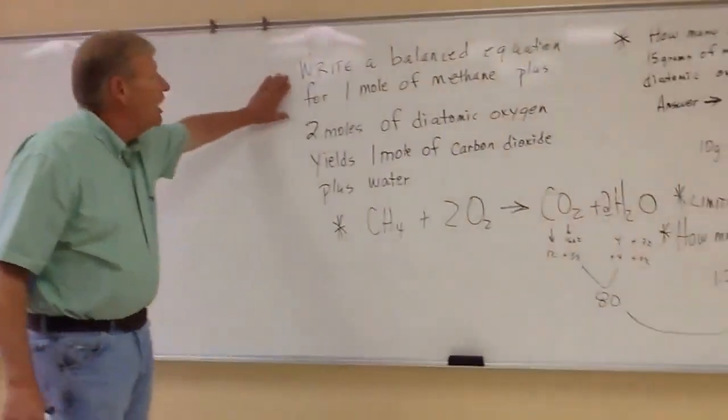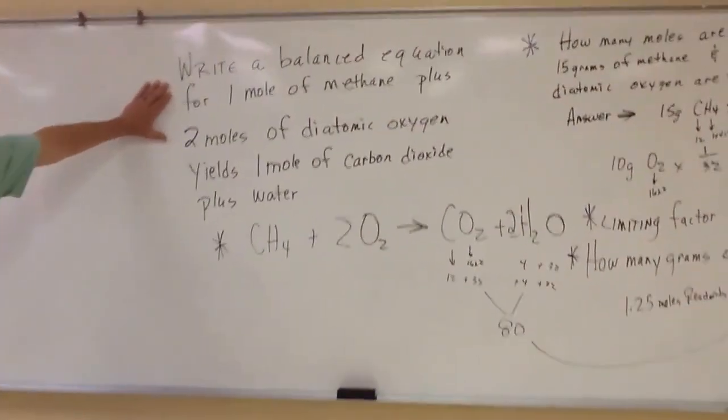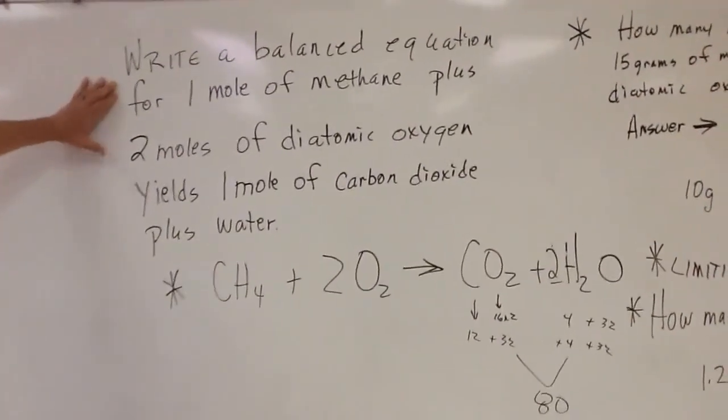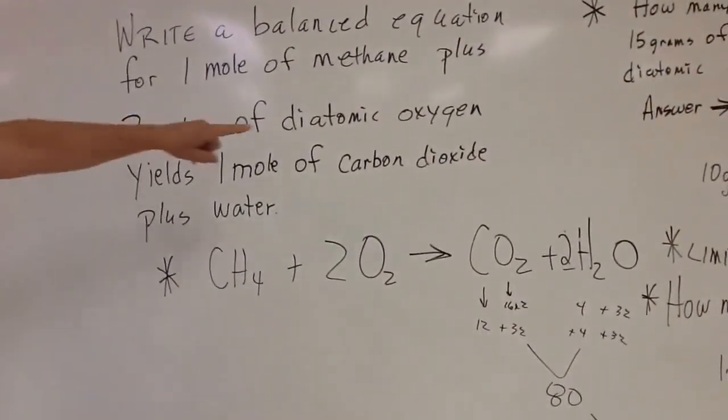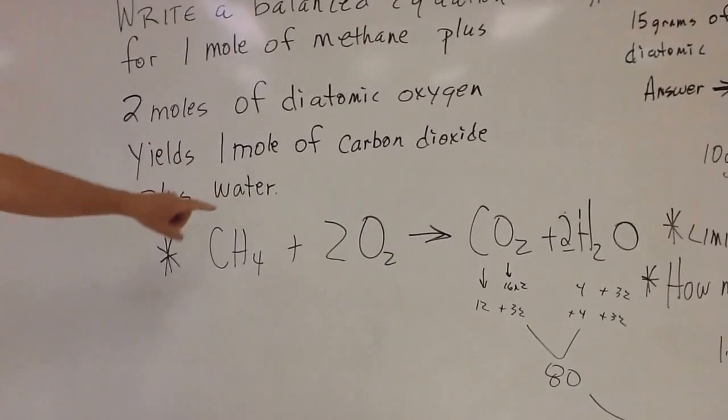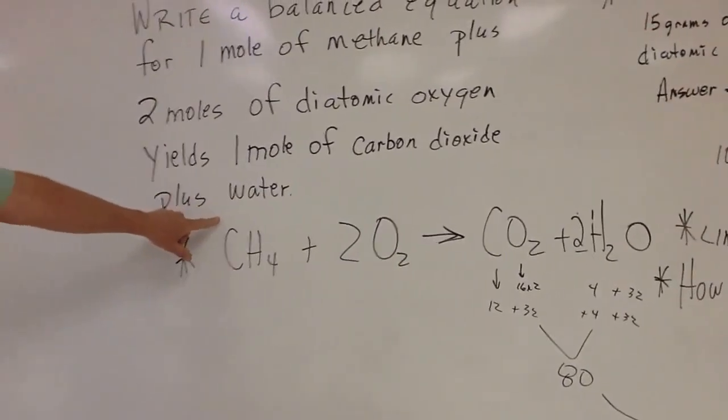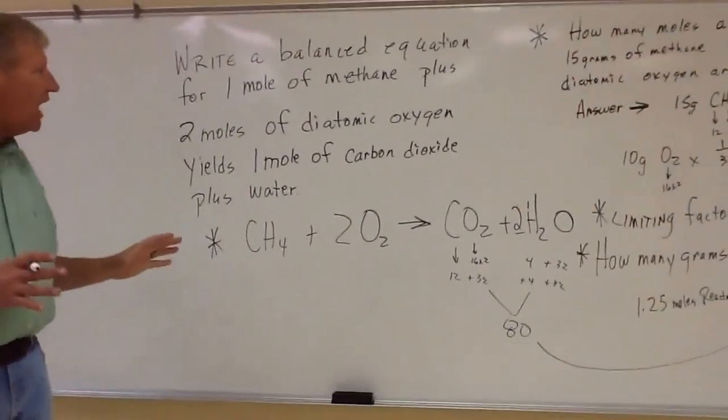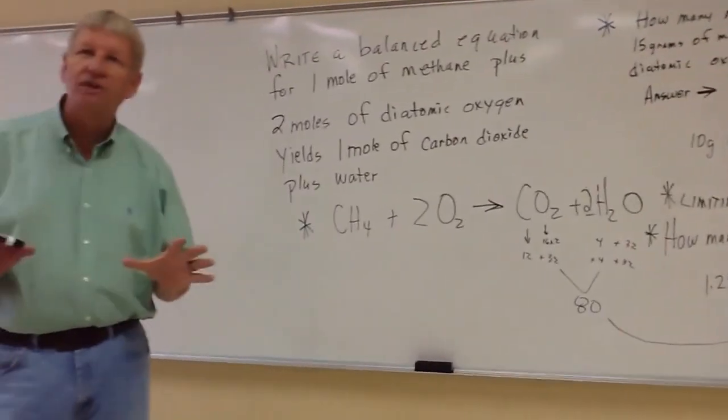Okay, so I want to write a balanced equation for 1 mole of methane plus 2 moles of diatomic oxygen yields 1 mole of carbon dioxide plus water. Now, this may not sound like much, but let's look at what this is.